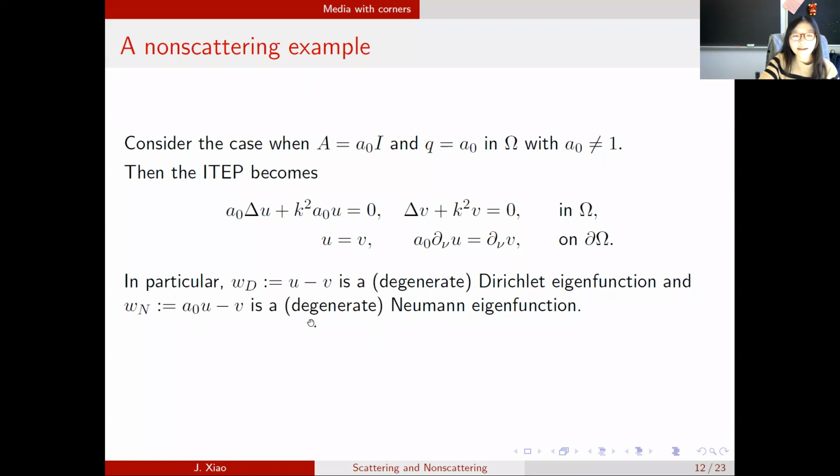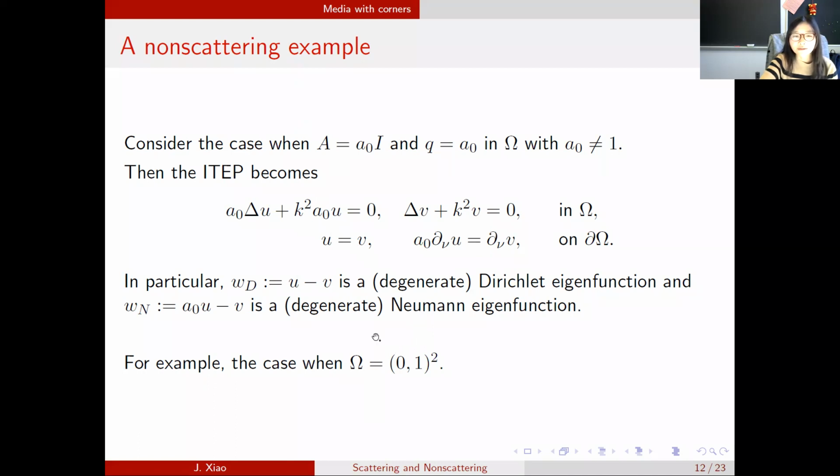So in this case, let's go down to a more specific example. Suppose omega is just a square, then we can actually find explicitly the Dirichlet and the Neumann eigenfunctions. If we assume that they both are non-degenerate, then K has to be an eigenvalue of both Dirichlet and Neumann.